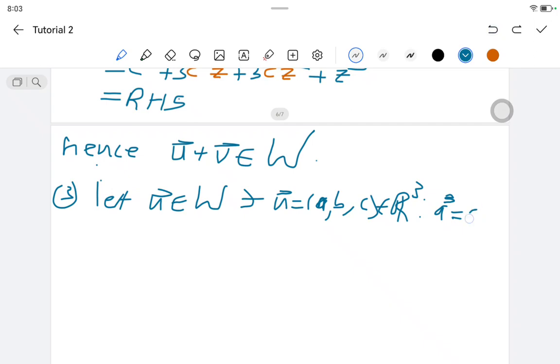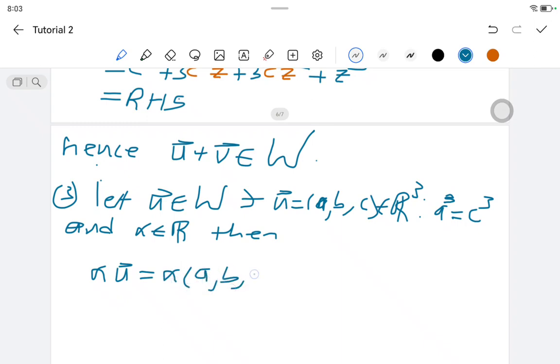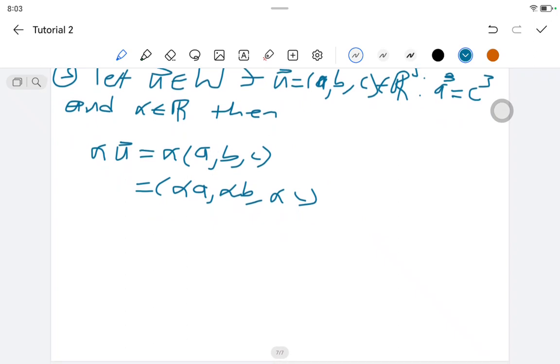Right. And I take some scalar alpha to be an element of our field, which is R. Then, if I take scalar times u, I'm going to get alpha (a, b, c).